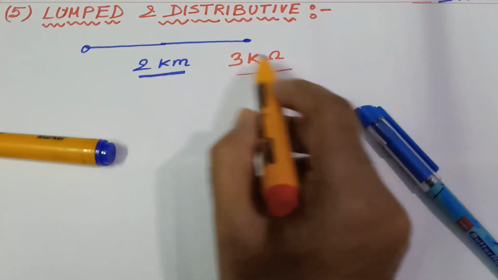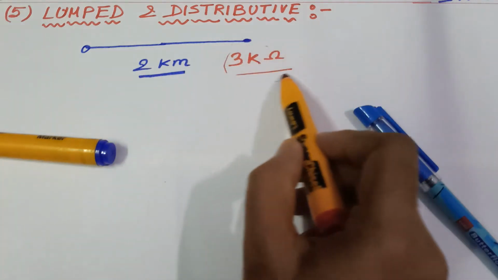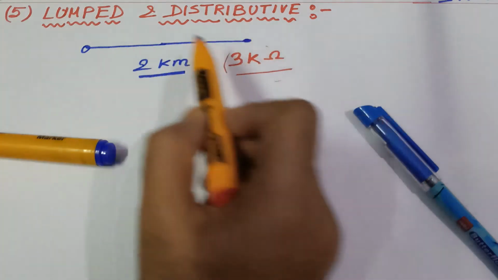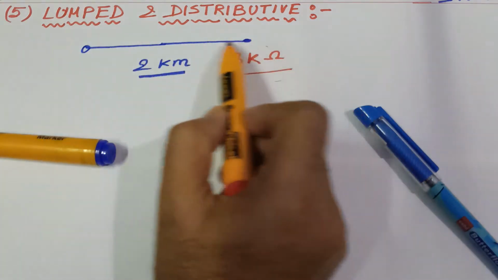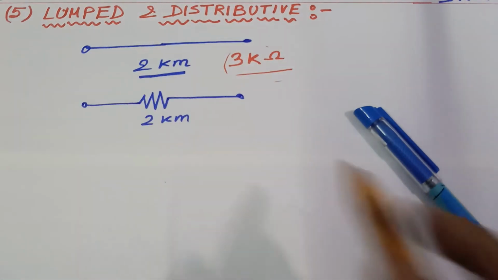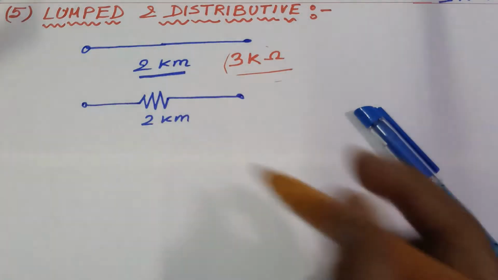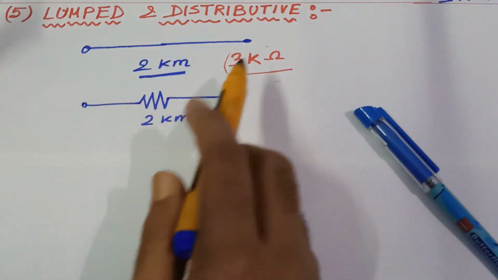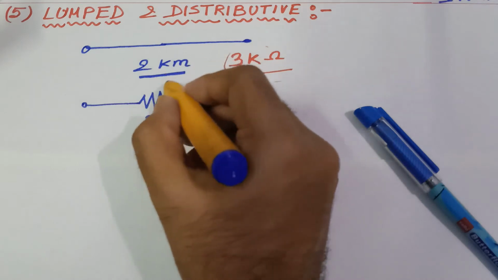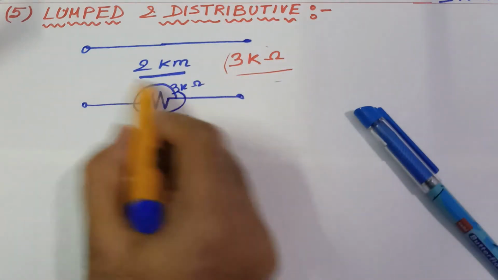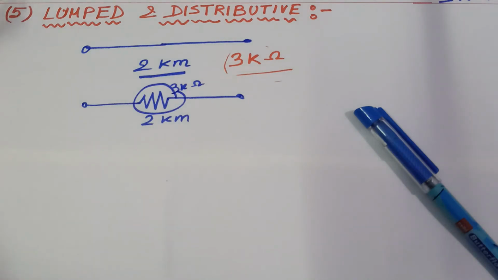Now you tell me what you think, that the 3 kilo ohm valued resistance is concentrated at some point, or is it distributed in the whole length of the line? If I draw like this, it seems that the length is 2 kilometer, but the 3 kilo ohm resistance or resistor is concentrated only in this part, right?